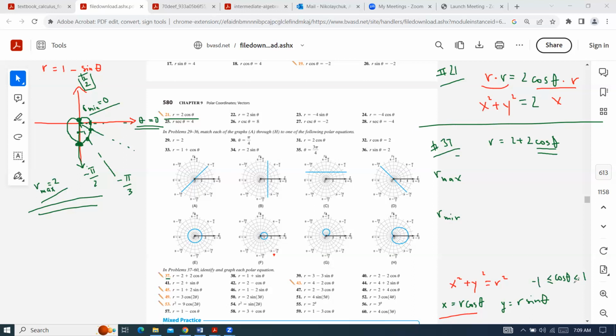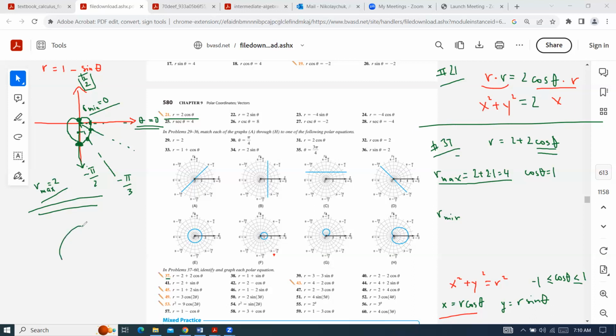So when cosine is equal to 1, looks like we have the maximum, and the maximum will be 2 plus, instead of cosine I put 1, so it'll be 2 plus 2, which is 4. That's the largest value. And it occurs when cosine theta is equal to 1.